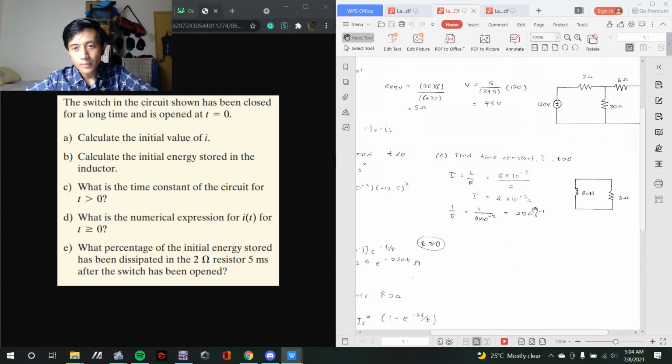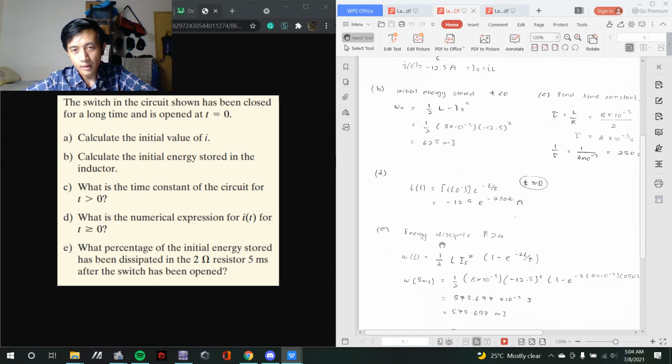And then we can convert it into hertz to use it in the next question, which asks for the numerical expression for the current at a certain time for t after or equal to 0, which means the expression of current at a certain time after the switch is opened.